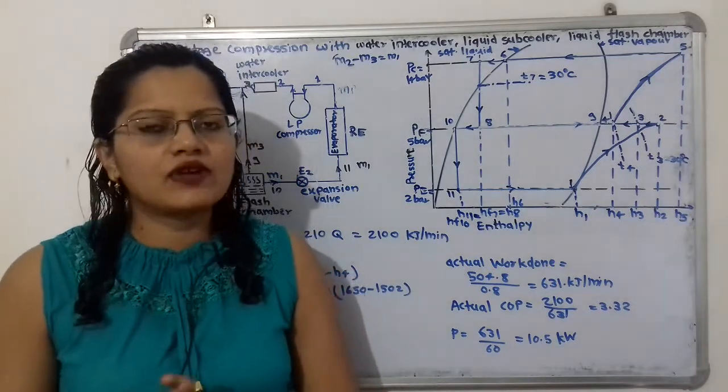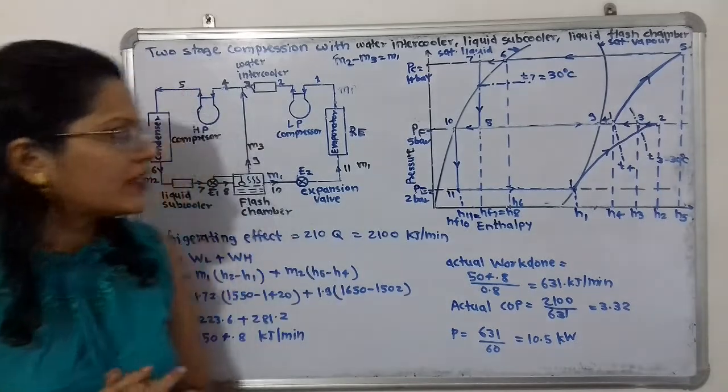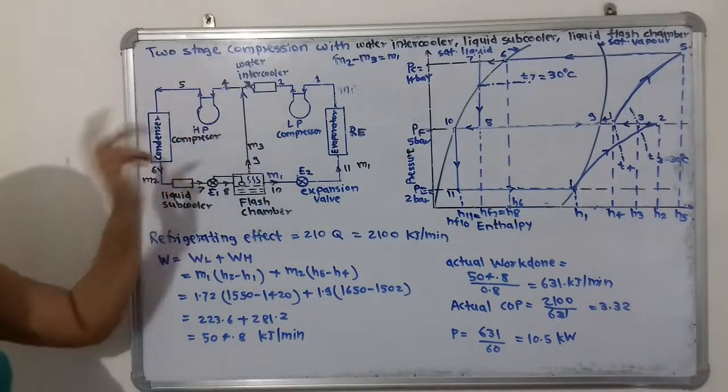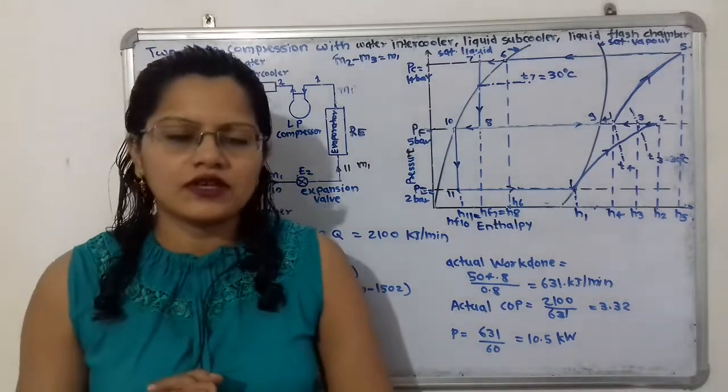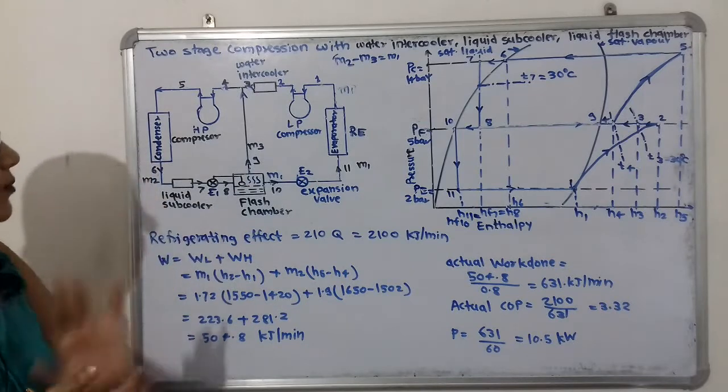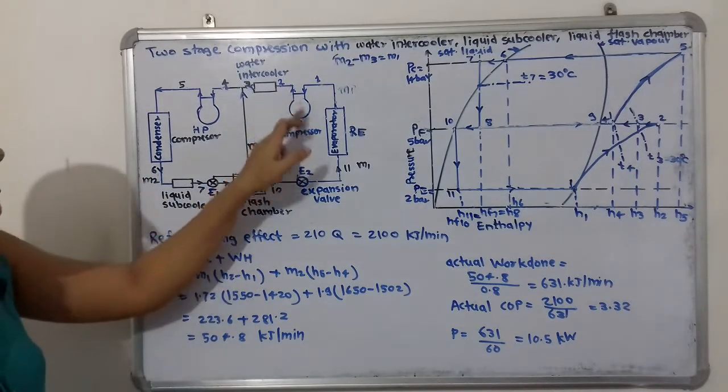Now we will calculate the work done. Here work is done in two compressors, the low pressure compressor and the high pressure compressor. So we can say that W is equal to WL plus WH. What is WL?